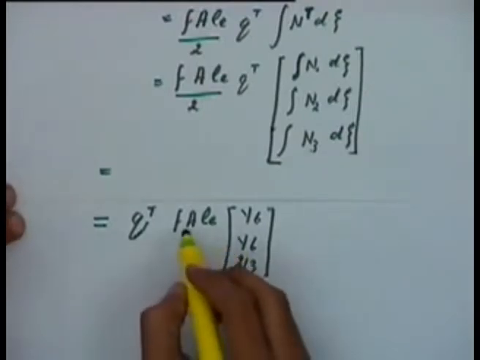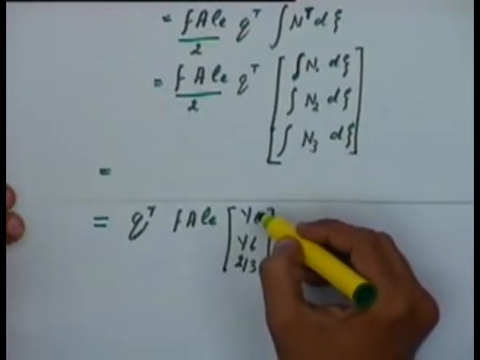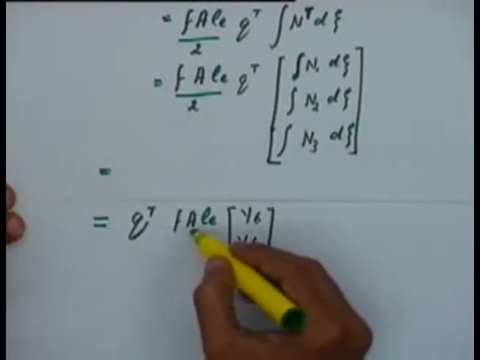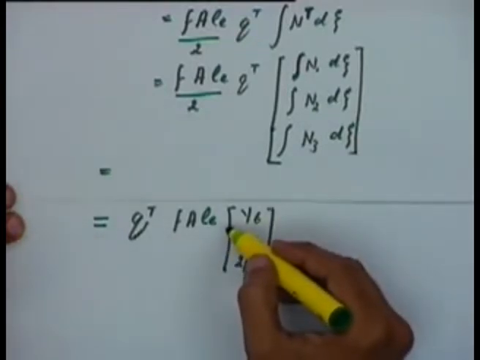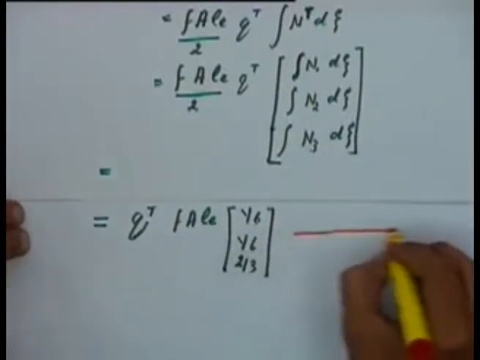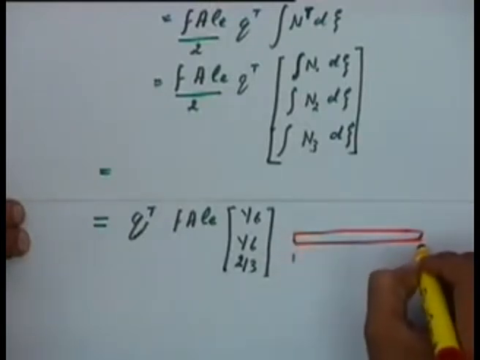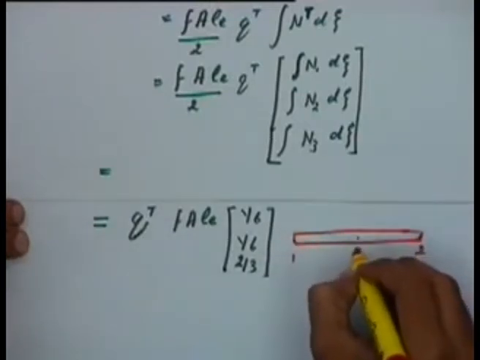Now this is the total body force acting on the element, and this gives the proportion in which this force is effectively divided among the three nodes. We have three nodes: this is 1, this is 2 and this is 3.